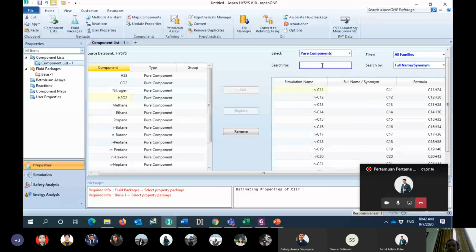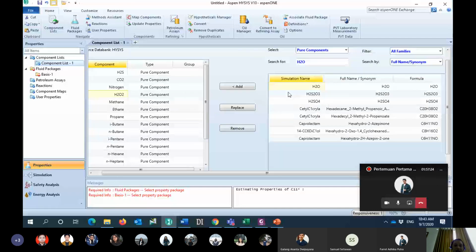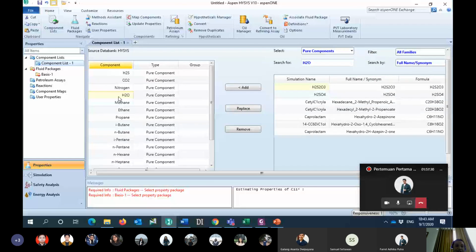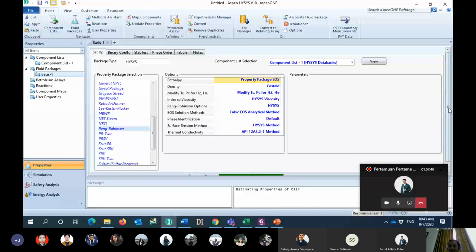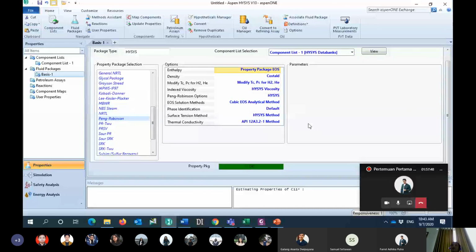So I will click this one and replace it. So I will have water, not hydrogen peroxide. Then I move back to the basis, and I will select Peng Robinson. Now it's okay because there is no hydrogen peroxide, so I can do the simulation.